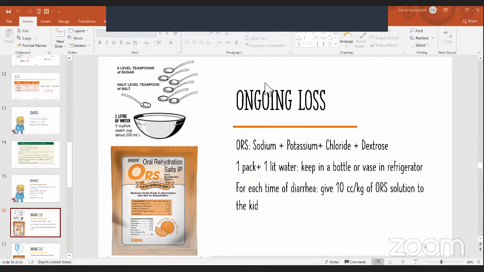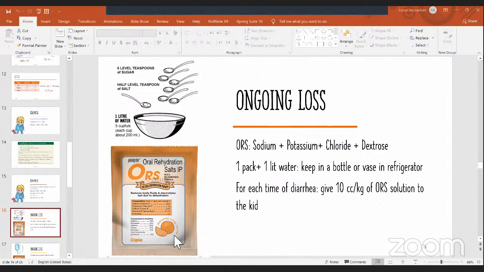Okay, so now this is what we do now because ORS is widely available in nearly all of the countries and all the regions. But this is the traditional way to make ORS, okay, the solution of ORS. You can do this easily at home.